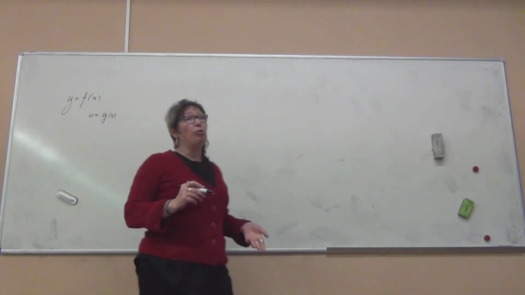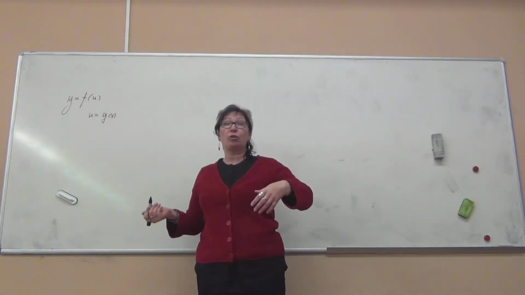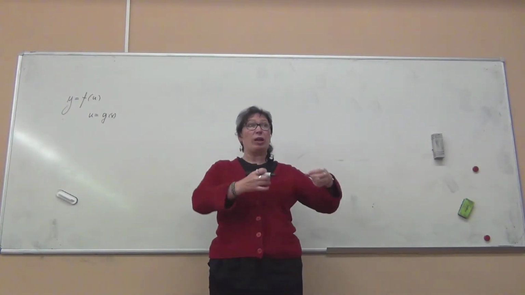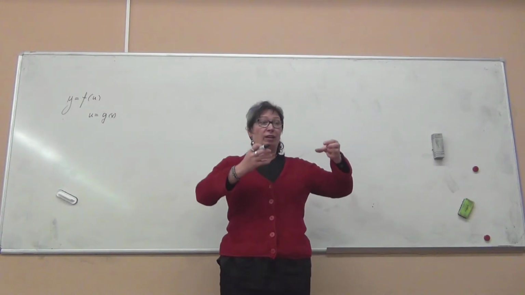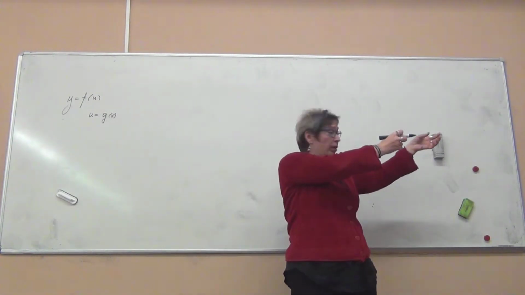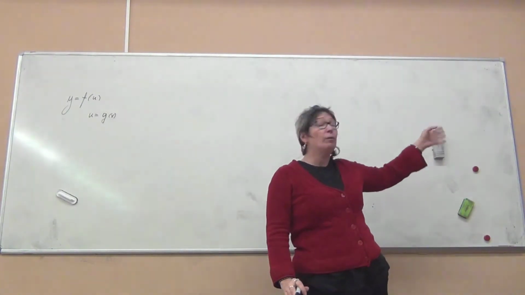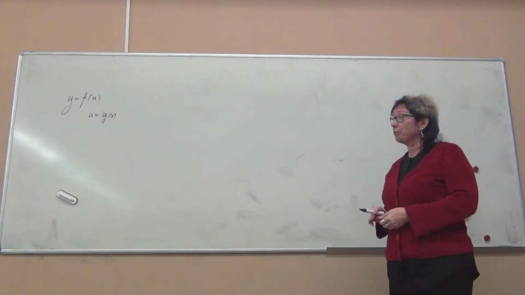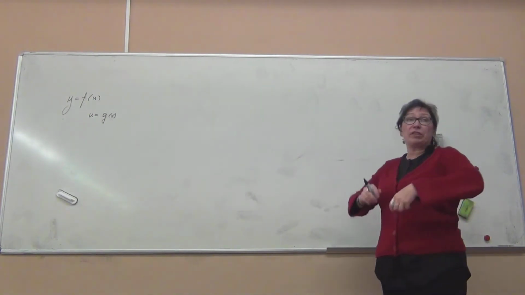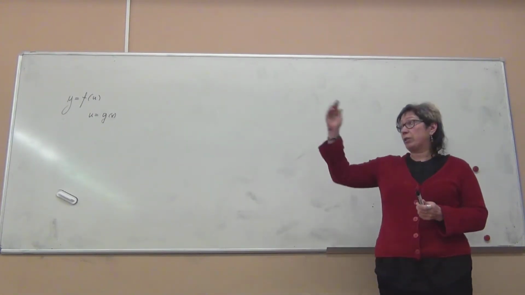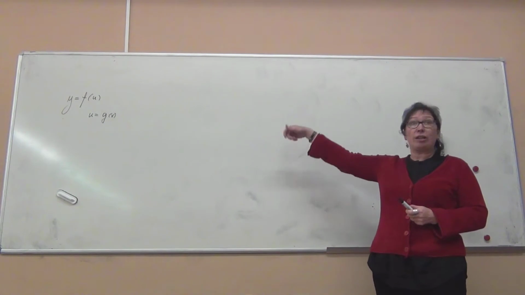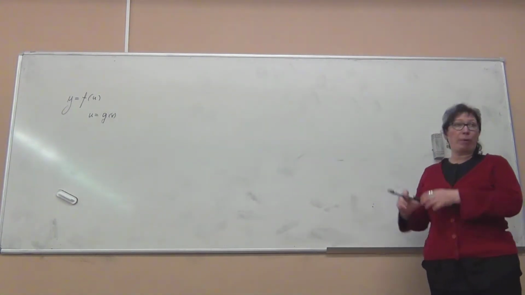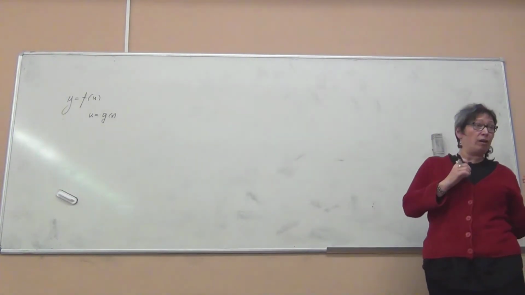In this case, we might imagine we have two machines. For example, in one machine we drop a coin. The machine spits out some kind of token, and then we can use this token to put it in another machine to get something out of there. So that's a composite function. With a simple function, we might imagine we drop a number into a machine and it gives us another number.